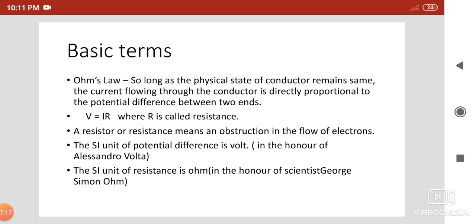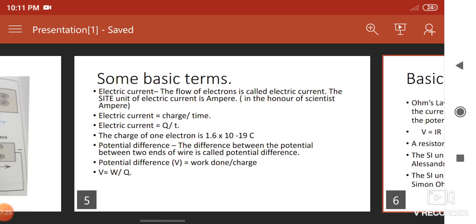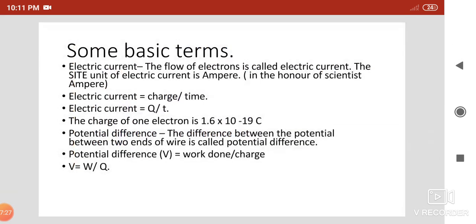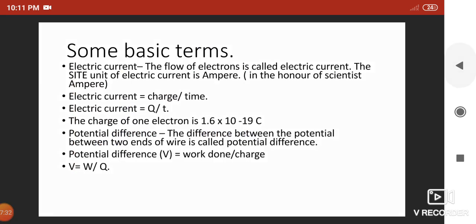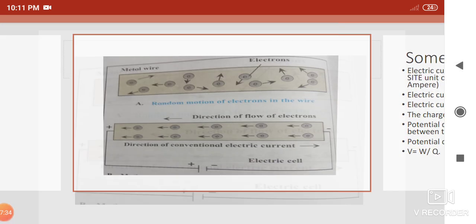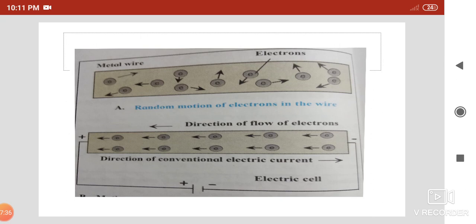Now resistance means obstruction. See, in the previous figure you have seen that the electrons are moving from one end to the other end. When they move, they collide with one another, and also with the metal cations.